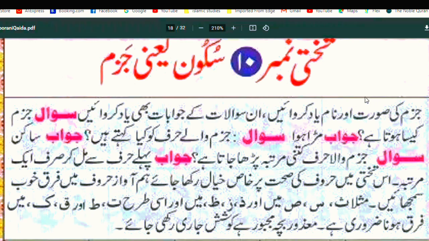So the question was what a jazam looks like, and you gave the right answer, mashallah, that a jazam is like a tiny dal on the top of a letter. It is always like a crown, not like a shoe, and not like clothes.